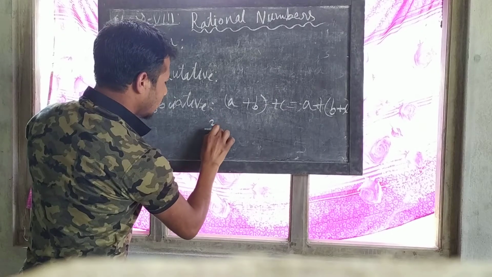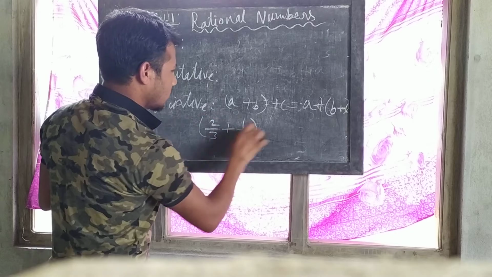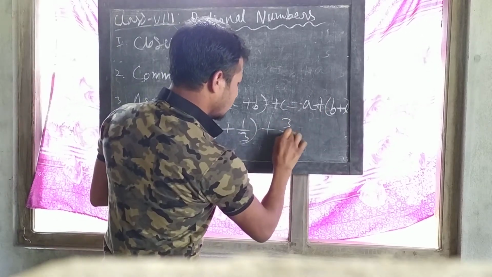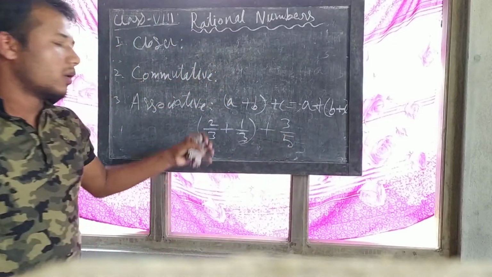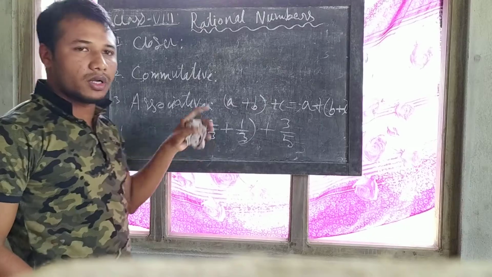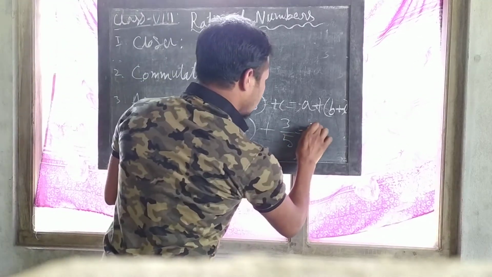Suppose 2 by 3 plus 1 by 3 plus 3 by 5. Also, you see that in case of integers, if we change the order in addition, the result will be the same.